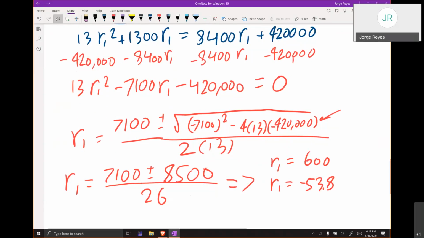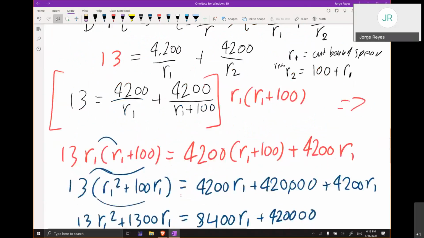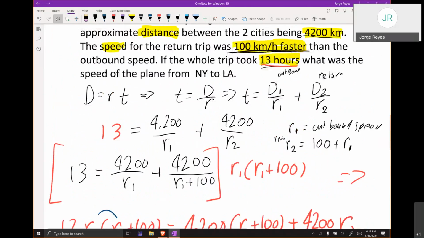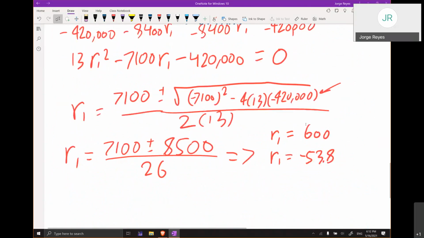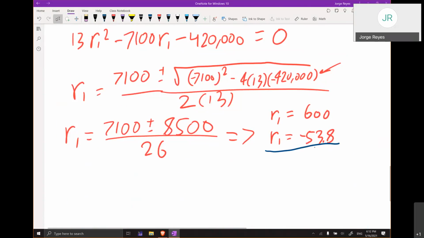We're in a word problem, and R1 is the speed of the outbound trip. Does R1 equal negative 53 make sense? No, it doesn't. You are not going negative 53 kilometers per hour and arriving at your destination. So the reasonable answer is R1 is 600.